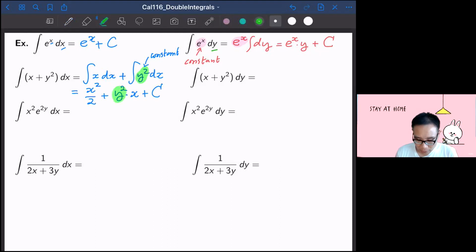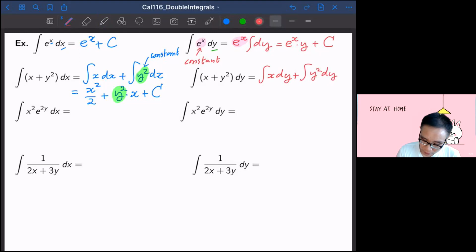The next one turns out to be the opposite variable. You see that this one is similar to the one on the other side. So you have the integral of x dy plus the integral of y squared dy.